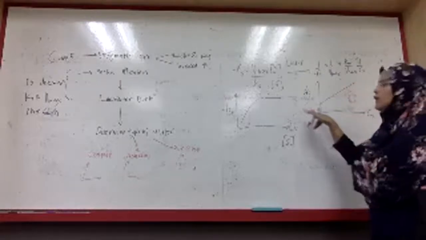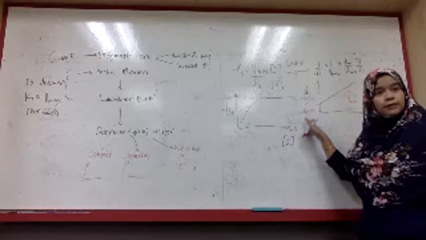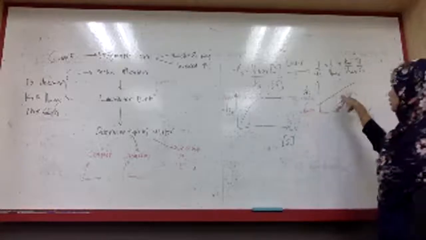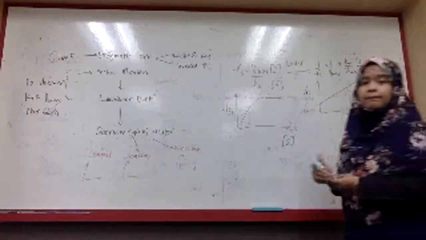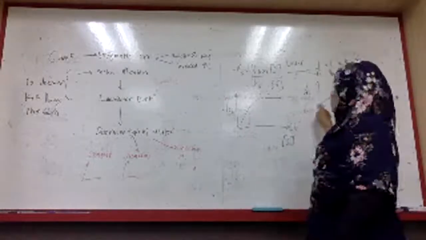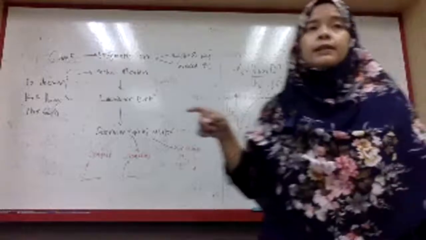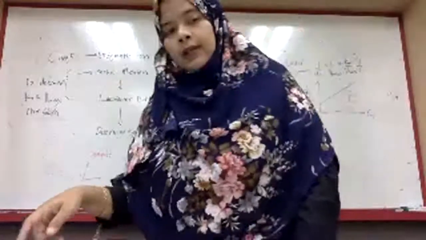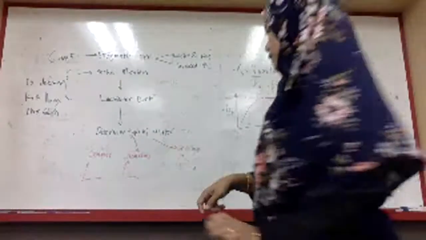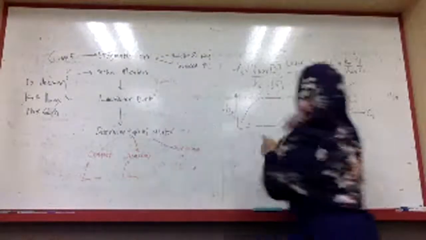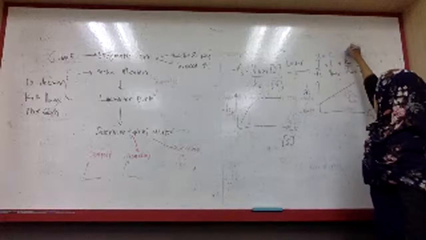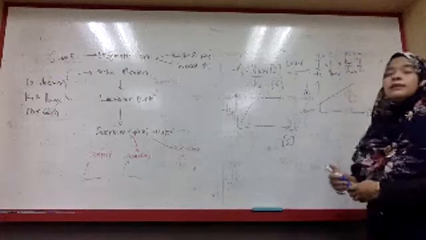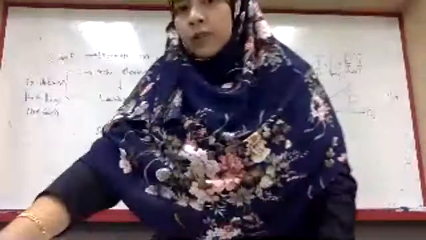Normally we determine 1 over Vmax first. Once you get the Vmax, you put it in the slope and then you will get your Km. Intercept, Km. This is like y equals mx plus c. This is y, this is c, this is your m, this is your x.